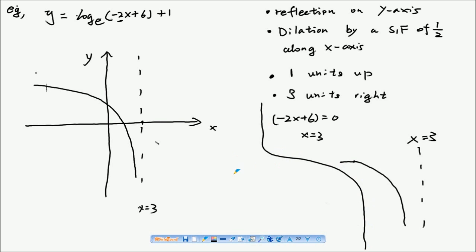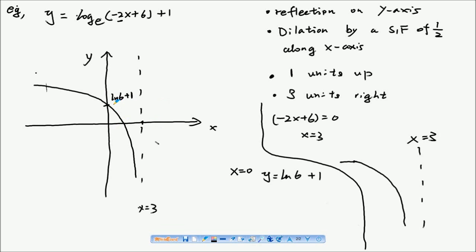For the y-intercept, I substitute x equals 0 into the function. I will have y equals ln 6 plus 1, so this should be our y-intercept, log base e 6 plus 1.